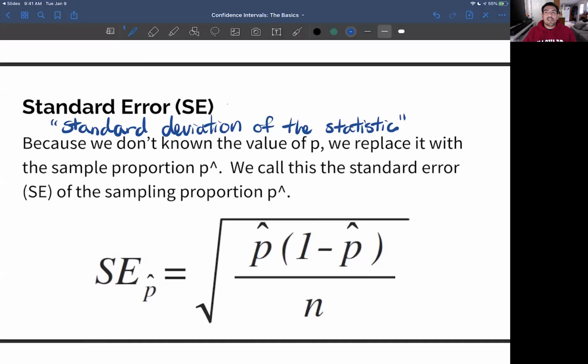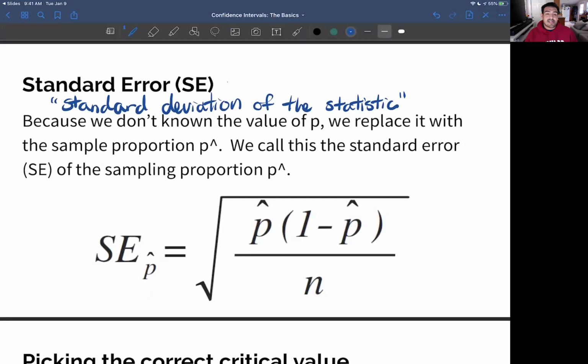Since we are constructing the standard deviation based off of a sample that we've collected, we can't say that that's the true standard deviation for the sampling distribution of the sample proportions. Since it's all based off of this statistic that we've just collected, we've given it a new name.